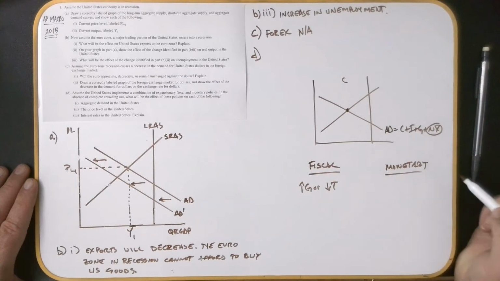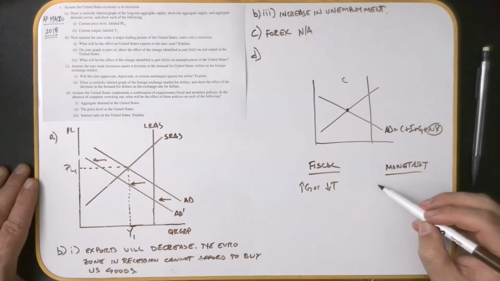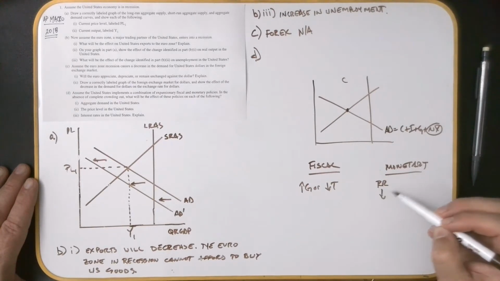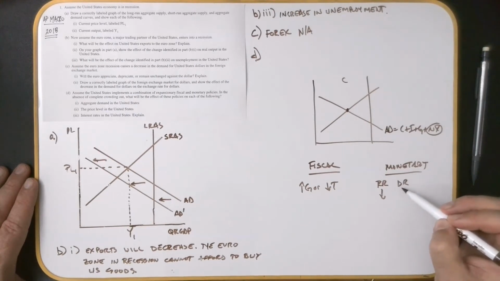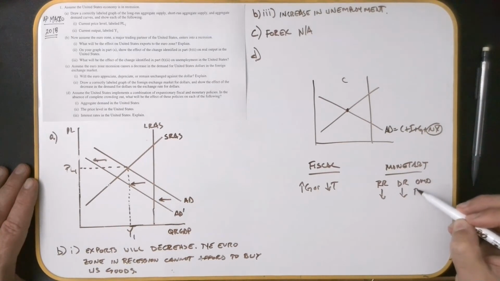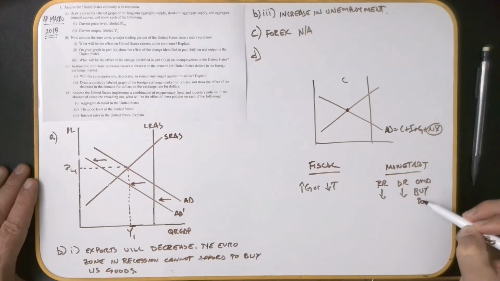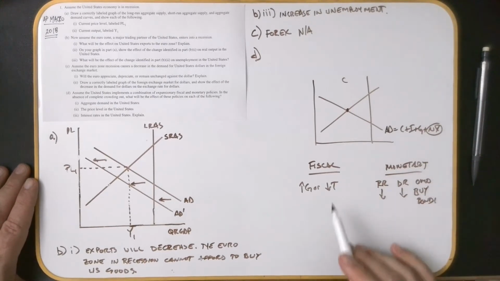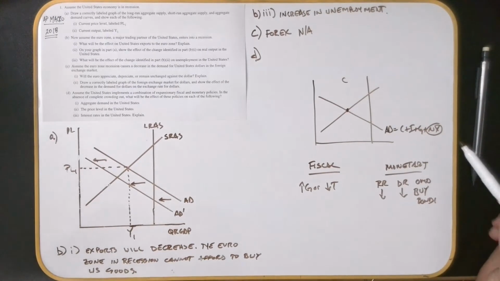For monetary policy, we are going to lower the reserve ratio, lower the discount rate, and on open market operations, buy bonds. All of these things would stimulate this economy and close this gap.